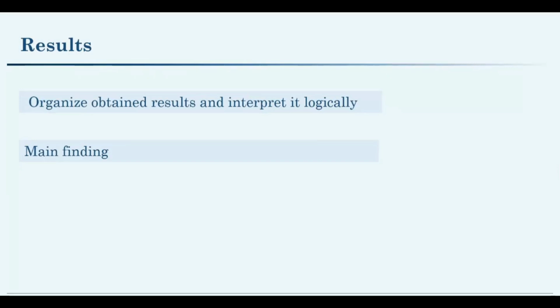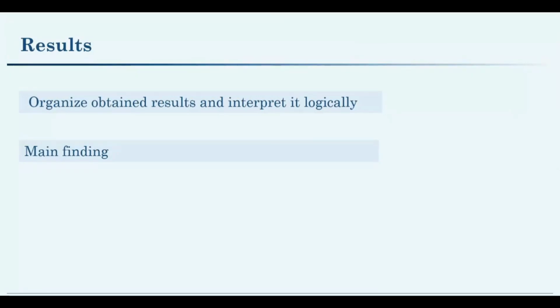Unexpected findings are most important, and this is because you are pursuing research, you are performing some kind of experiment, and you are expecting specific things. But while doing so, you may find a few unexpected results, and these results are most important.